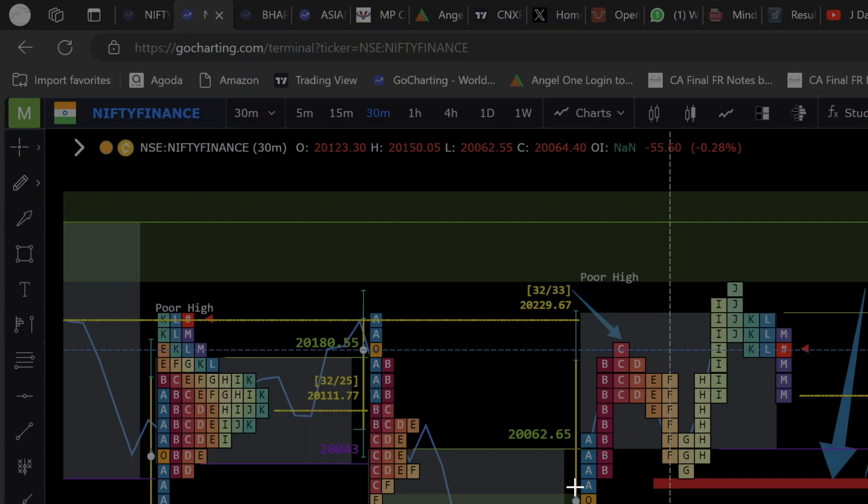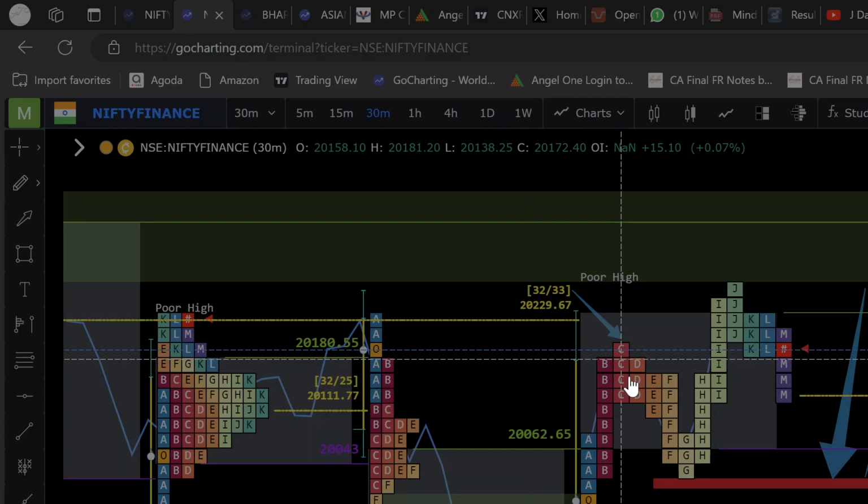When an auction failure happens, if the market is bearish, it might break or visit the A period, but it did not happen because we had a value being formed higher than the previous value.